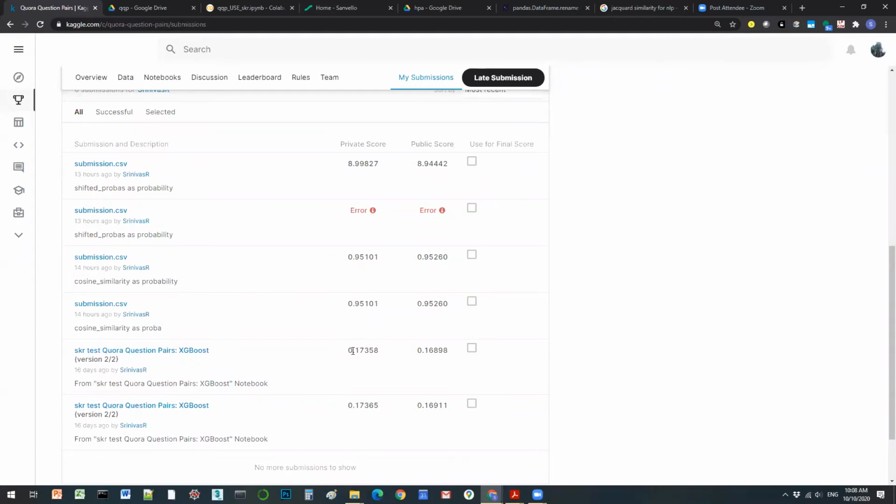And I think I mentioned it last time, the negative log likelihood metric means that the lower the number, the better, or the lower this score is, the better our result.